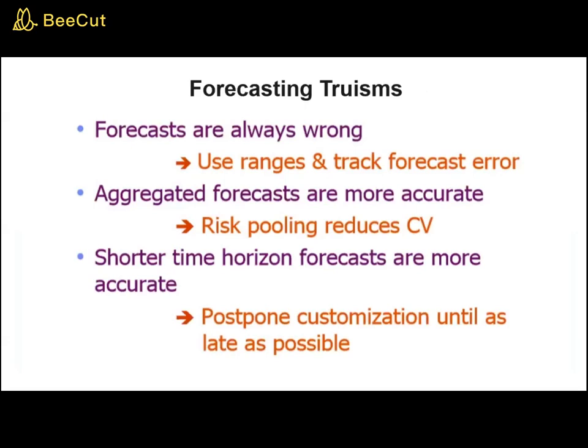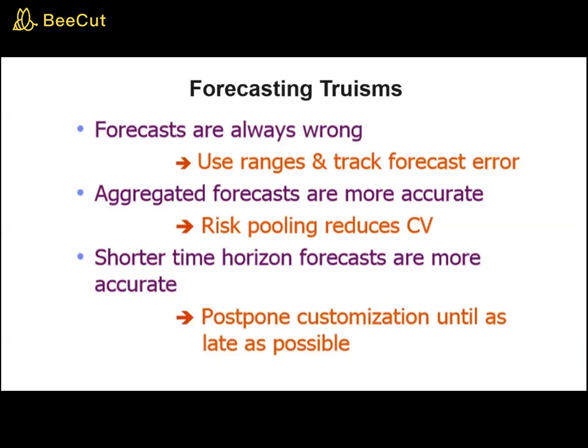Now, this lecture is proceeding towards the end. And I want to talk to you about some truisms. Truisms are basically truths related to forecasting. One of the truisms is that forecasts are always wrong.